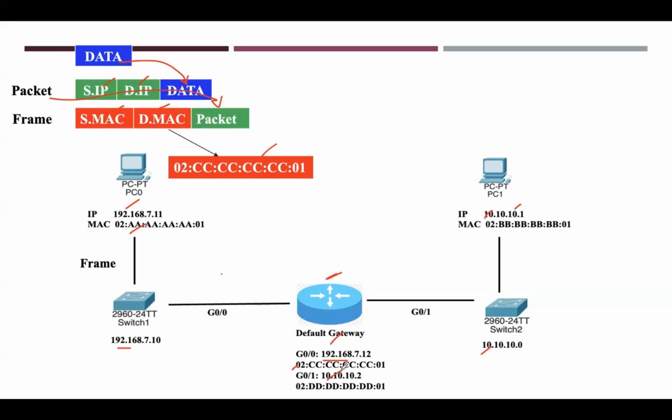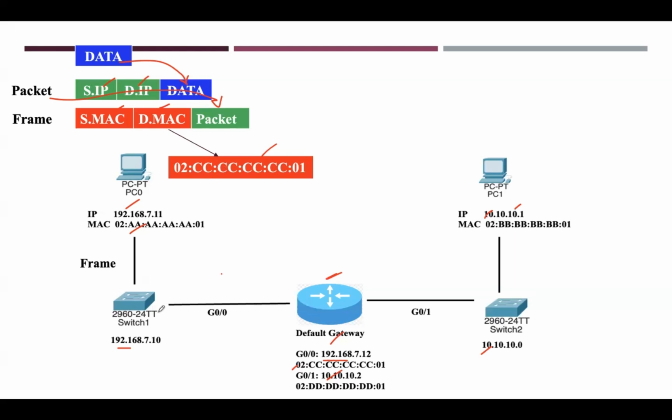And so on. Now, whenever this frame is sent to switch 1, the switch will check the MAC address. Remember that it won't open the frame, it just checks the destination MAC address. So what is the MAC address present? The default gateway MAC address.